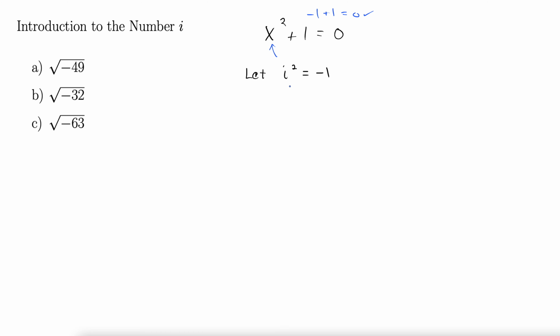Now we've solved our equation with this new number, i. Okay, so taking this a bit further, then we can see that i must be the square root of -1. So right there is two different ways of looking at the number i.